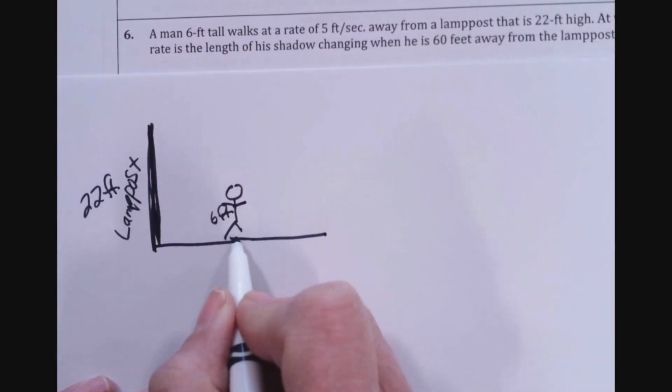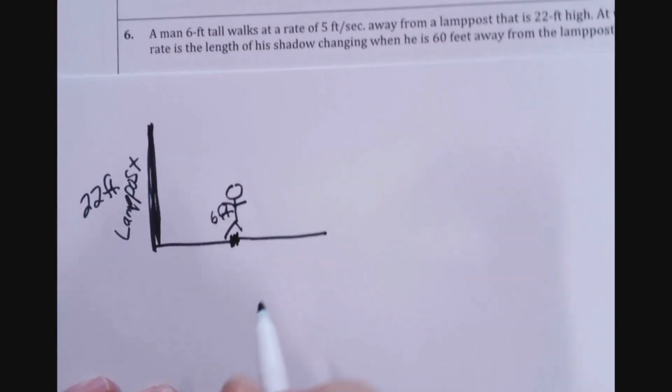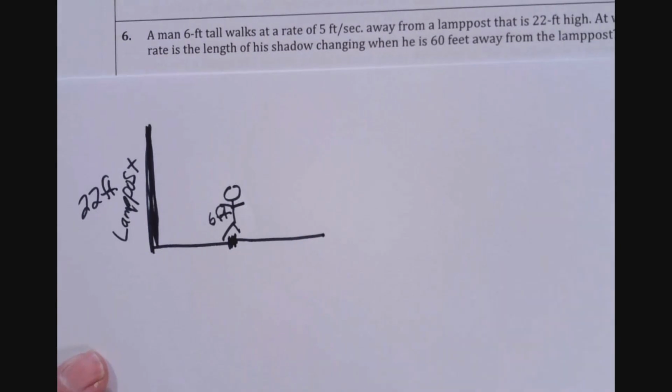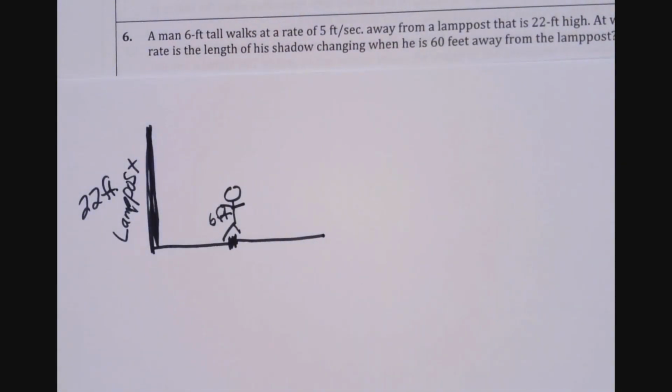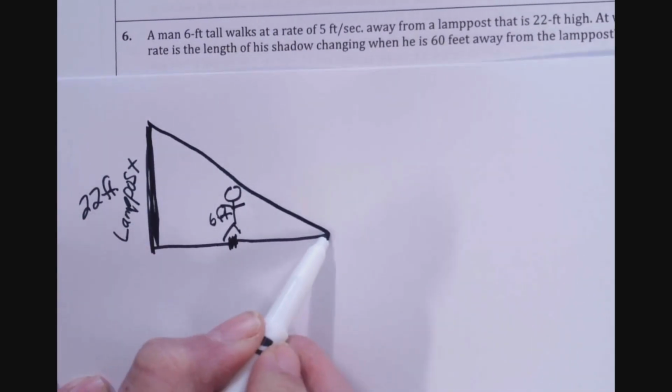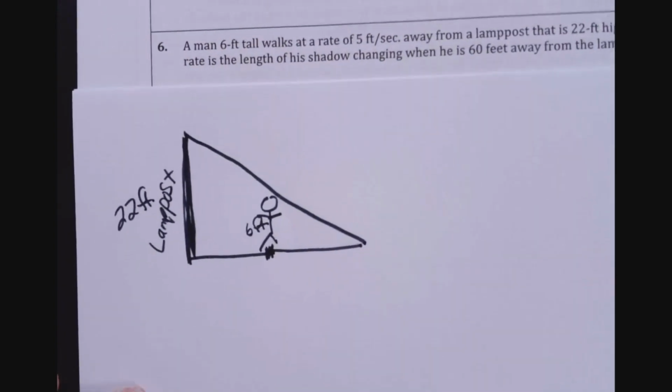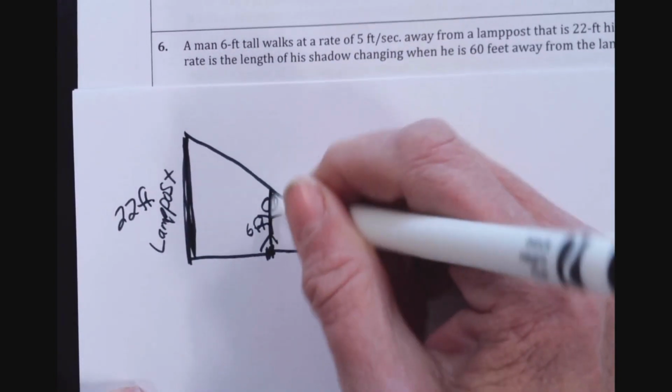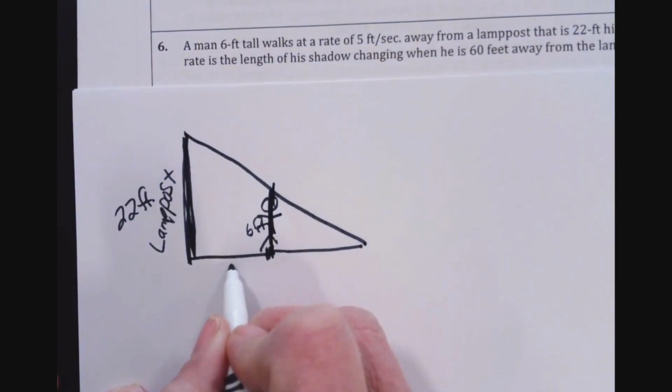So let's see, if we label, we see how we can make a triangle out of this? So I'm going to make a triangle out of this. And let's label this x.